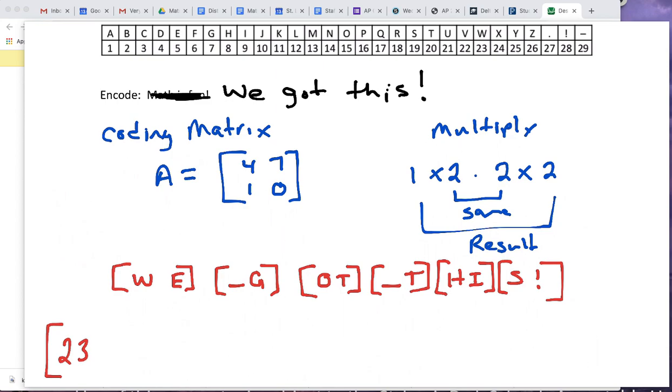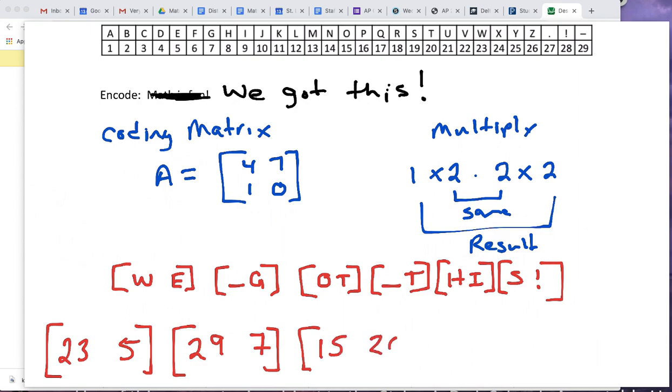And the numerical equivalent of E would be 5. The space one is 29. The G is 7. The O is 15. The T is 20. The space is 29. The T is 20.